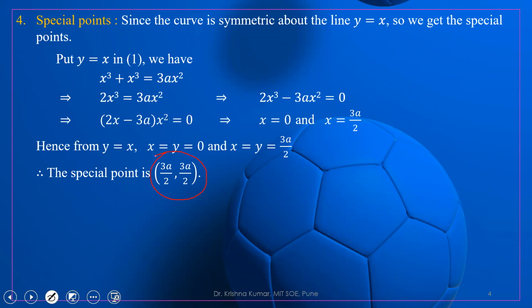Now what is our aim? Our next aim is to find the tangent at the point (3a by 2, 3a by 2). So let us differentiate equation 1 with respect to x.